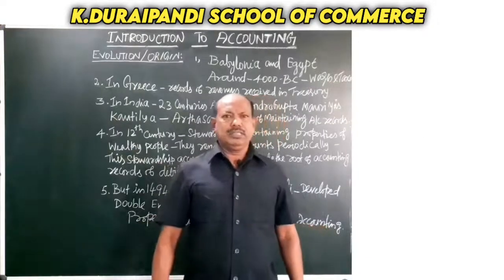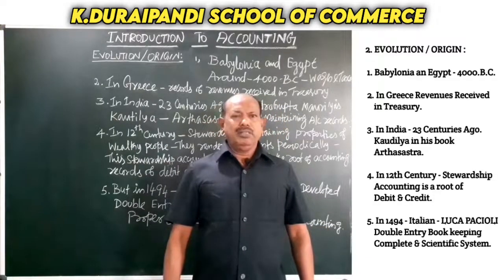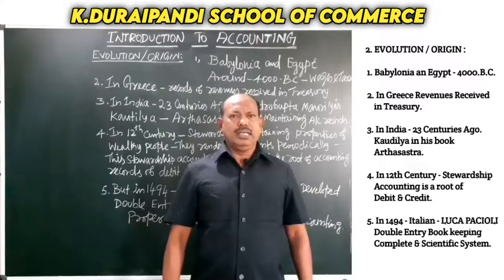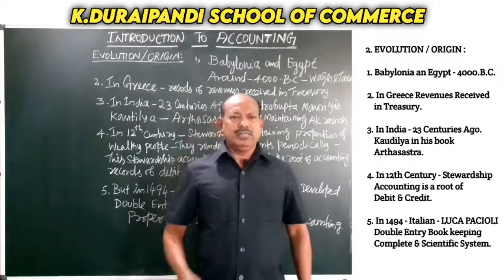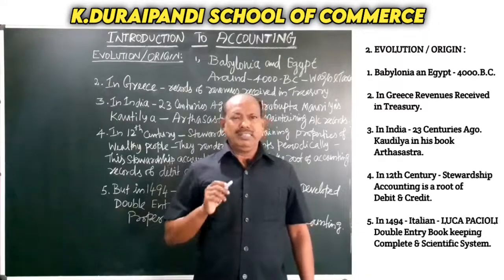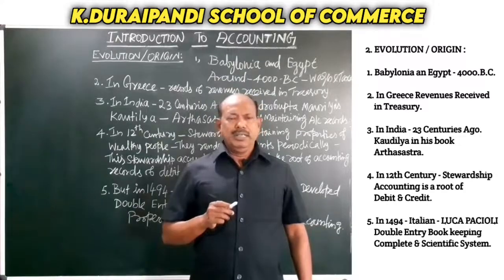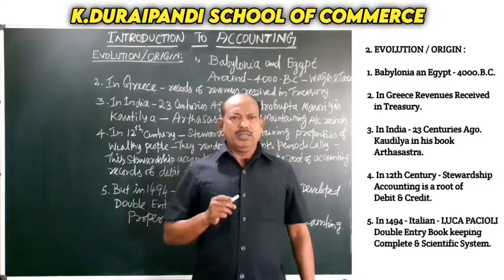Next, we have to discuss the evolution or origin of accounting. The evolution of accounting is associated with civilization. Now, we are going to see the development of accounting stage by stage.